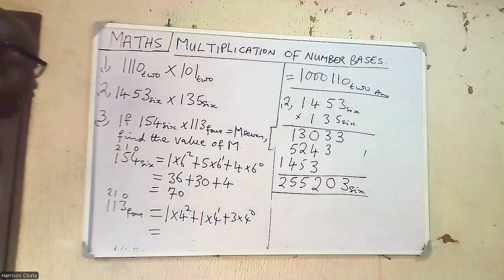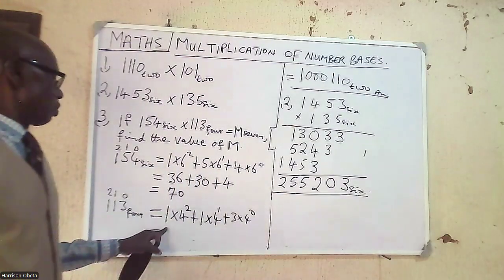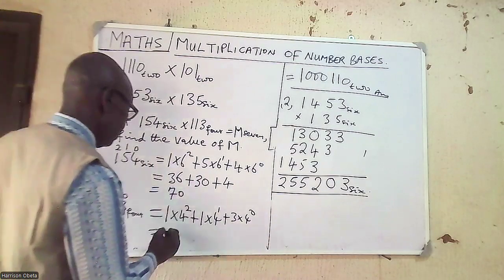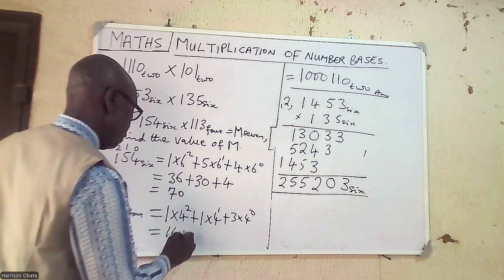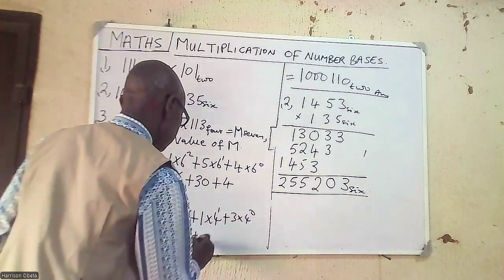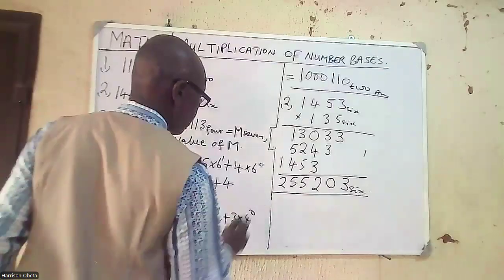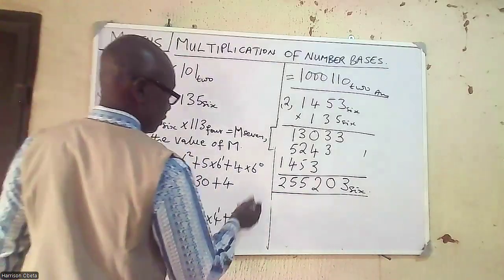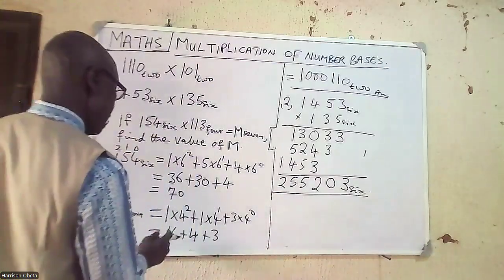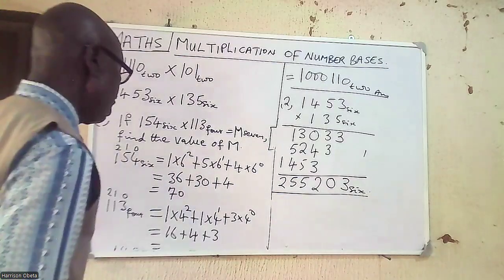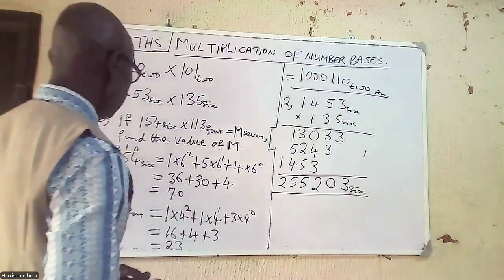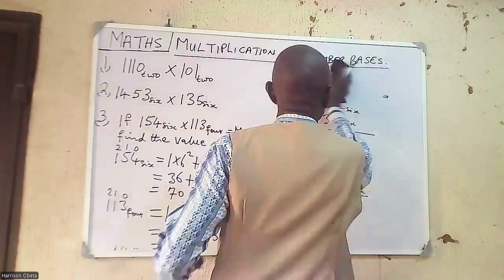And that will give us 4 times 4 is 16, times 1 is still 16. Plus 4 times 1 is 4, plus 3 times 1, because 4 raised to power 0 is 1. That should be 3. So we are now having 16 plus 4, that's 20, plus 3, 23.